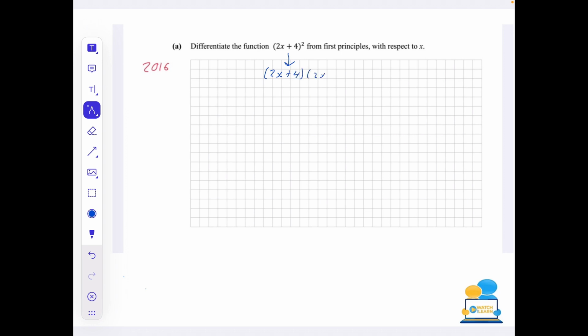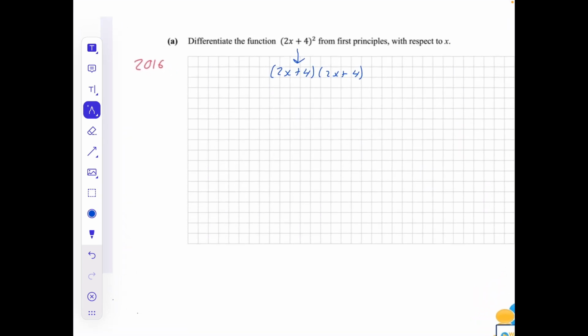Instead of writing it as 2x plus 4 all to be squared, I can write it as 2x plus 4 by 2x plus 4. Now you might be able to square this out quicker than doing this method, as long as you get the same answer. That is fantastic. So it's going to be 4x squared plus 8x plus 8x plus 16.